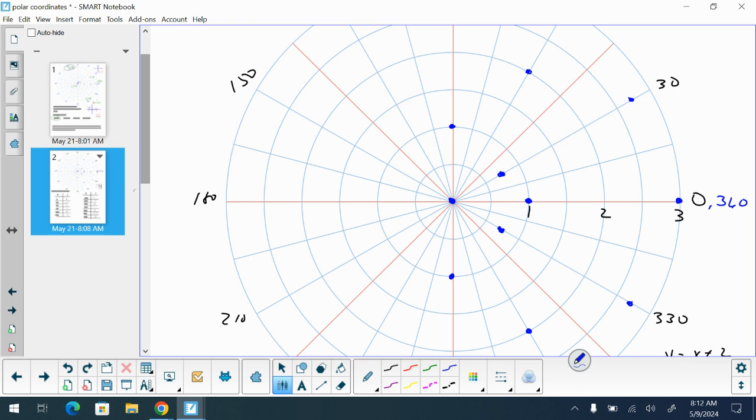Well, we go in order of our degree measure. So we're going to go 0, 30, 60, 90, 120, and so on. And this is going to be a curve, so you don't need a straight edge to go from point to point. You're going to curve and curve all the way to this point right here. So we have a curve. At this point here, we will loop and back around again.